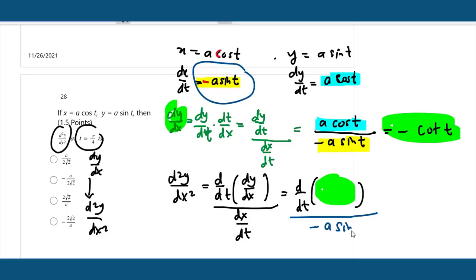Differentiate negative cotangent t: negative cotangent gives negative cosecant t squared. So negative negative is positive, right? Over negative a sin t.